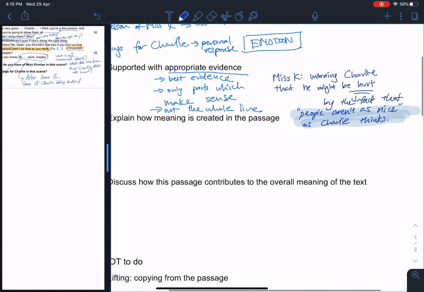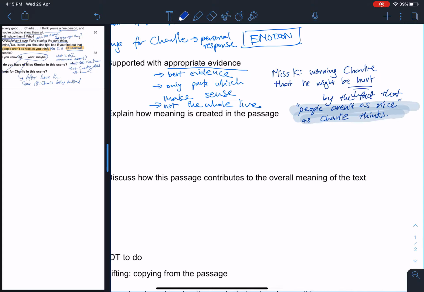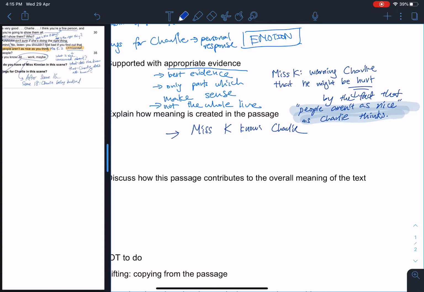So what does this tell us? It tells us that Miss K knows Charlie is bullied. It also tells us that Miss K is warning Charlie, preparing him, right?